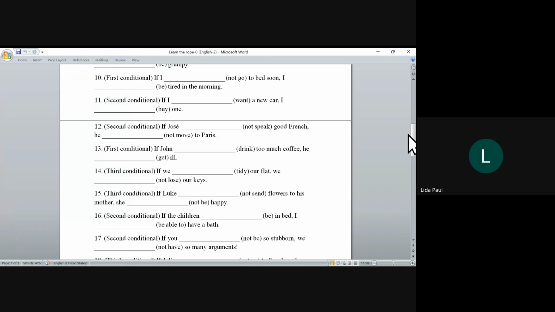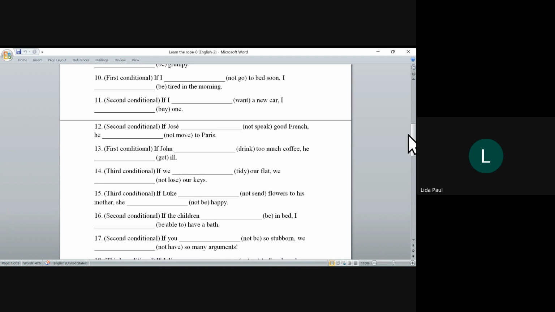Past perfect form would be: if Luke had not sent flowers to his mother, she would have not been happy. Would plus have plus V3 form of not be, which is not been, right? So if Luke had not sent flowers to his mother, she would have not been happy.